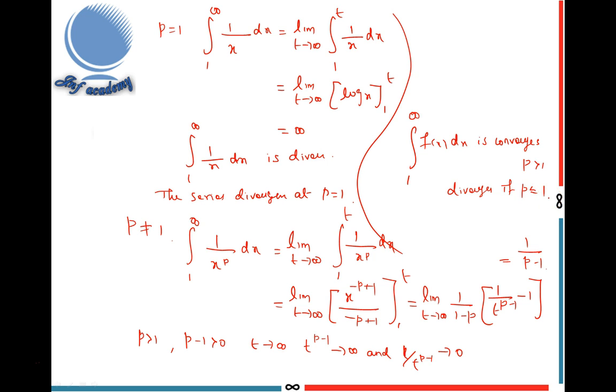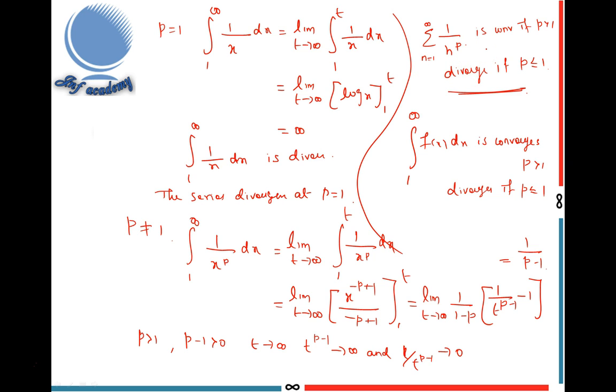So by using the integral test, the series sigma 1 by n power p, n equal to 1 to infinity, is convergent if p is greater than 1 and divergent if p is less than or equal to 1. This is the final answer. This series is also called the p series.